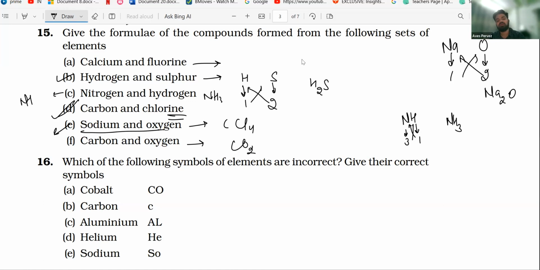Okay, which of the following symbols represent the incorrect formula for the compound? So is it correct or incorrect? Cobalt. Tell me, is it correct or incorrect?